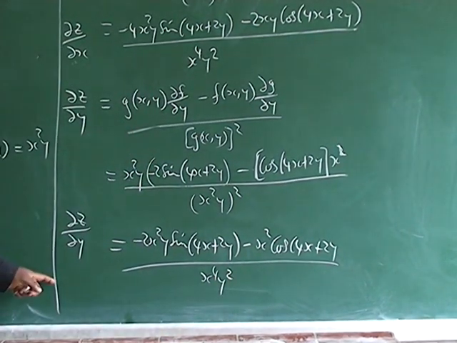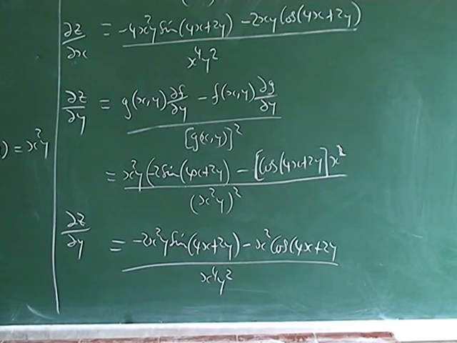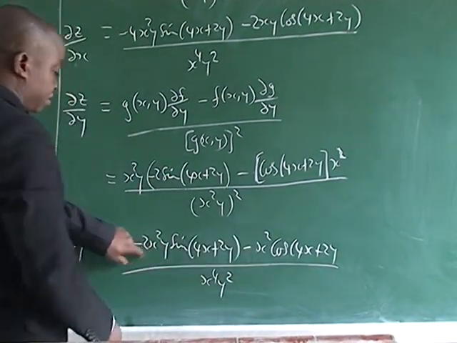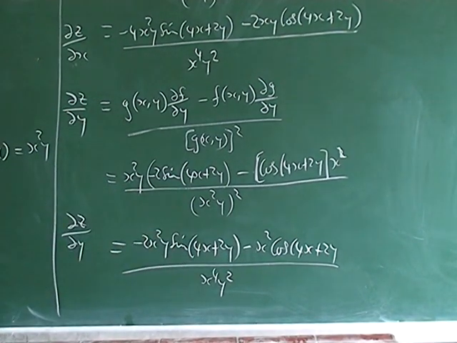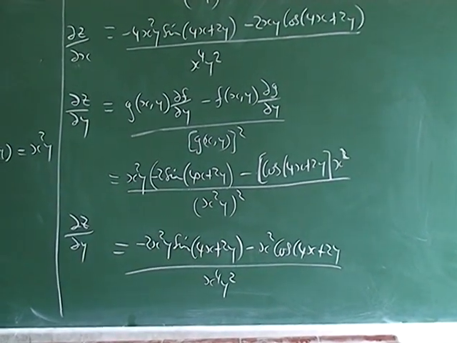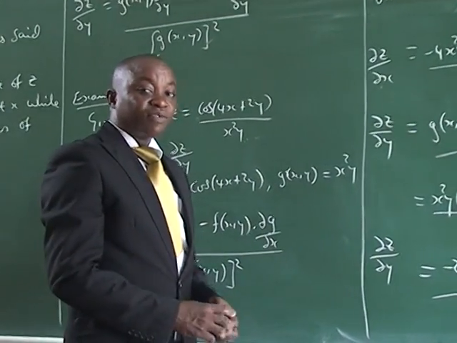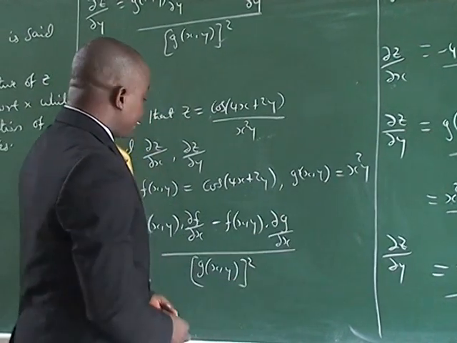So this is partial z, partial y. If you want to go further, then something is common here. We can factor it out and still write it, which means the same thing. So it's very simple to evaluate functions of several variables when they are in quotient form. Very simple. Look at that.